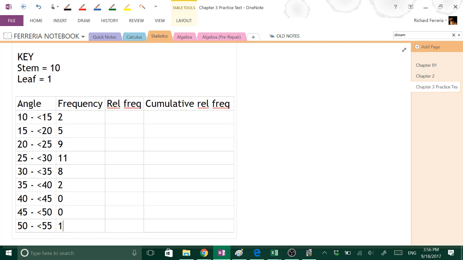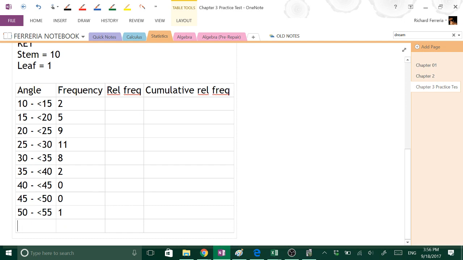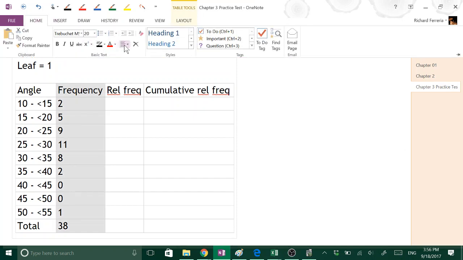There's only one of them. And that's where my chart ends. This should add up to 38. We don't have to start at 0 and go straight to 10. No, you don't have to start at 0.